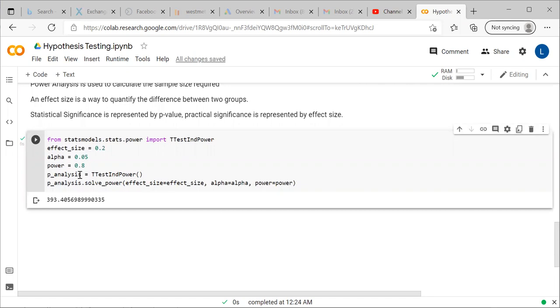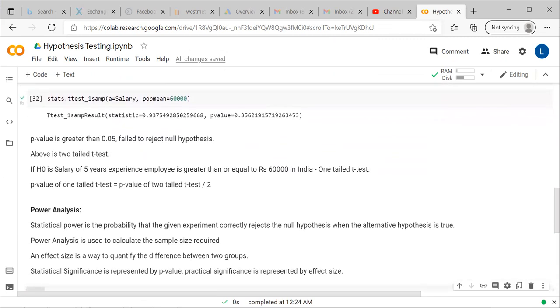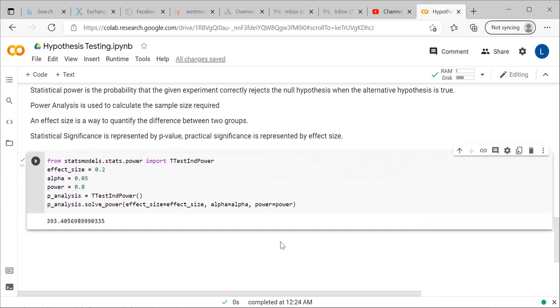So after conducting hypothesis testing, it is very, very important to check whether the required power of 0.8 is met, considering whether the sample size you are taking is enough to conclude and decide on the hypothesis testing output.